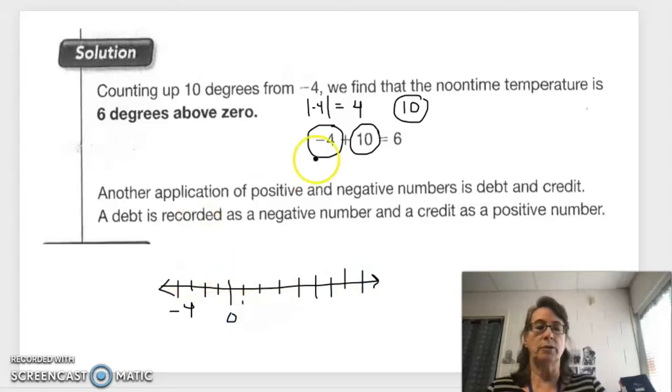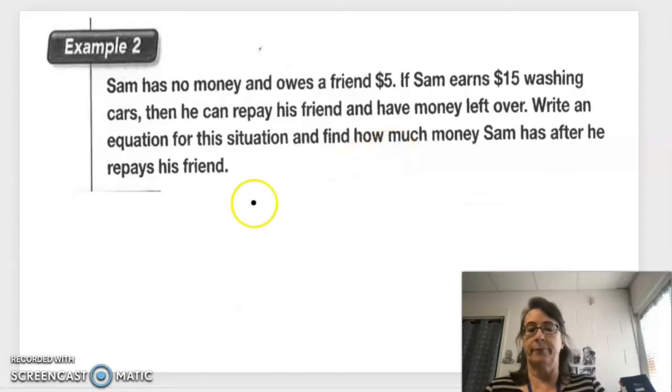Starting at negative 4, we're going to end up going 10 steps in the positive direction, 1, 2, 3, 4, 5, 6, 7, 8, 9, 10. And we've gone 10 steps, but the number that we are now on is 6. 1, 2, 3, 4, 5, 6, past 0. And that is basically 10 take away 4 is 6.